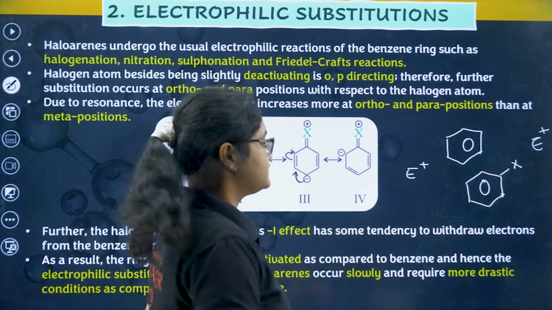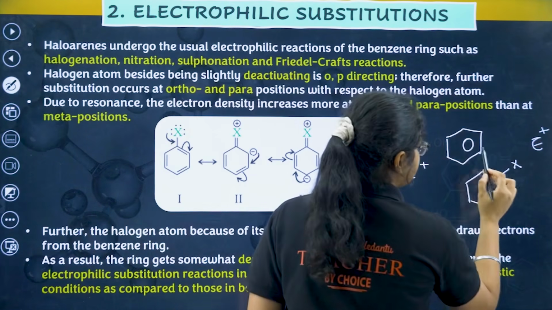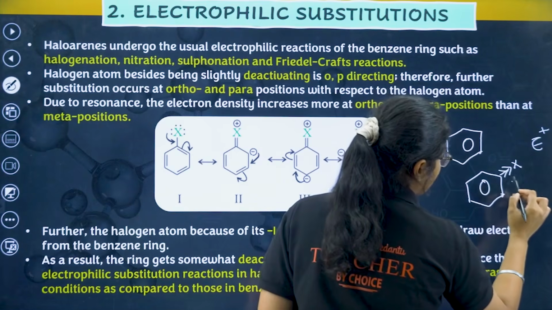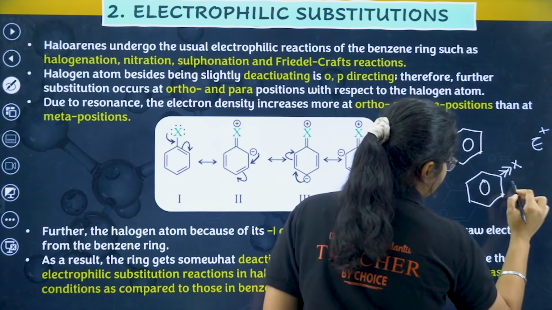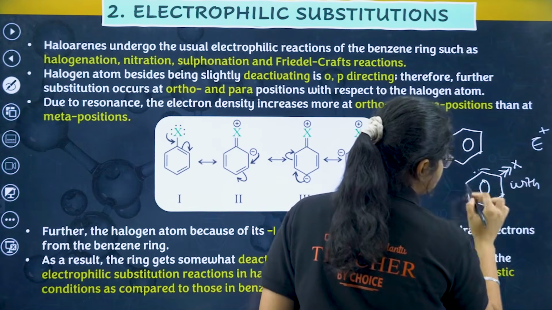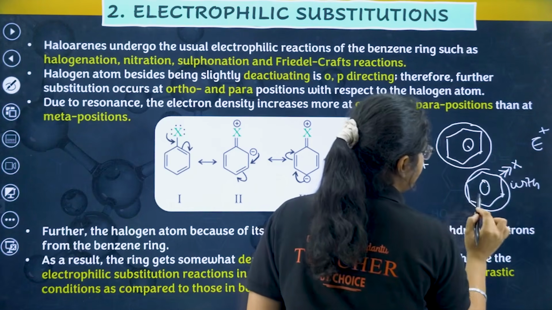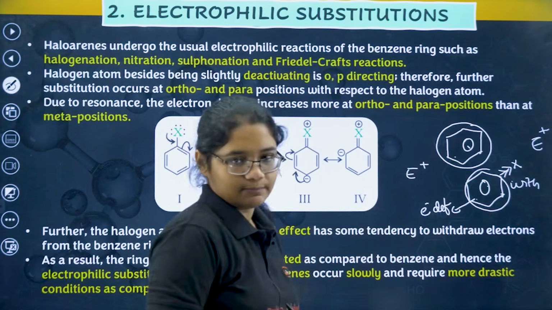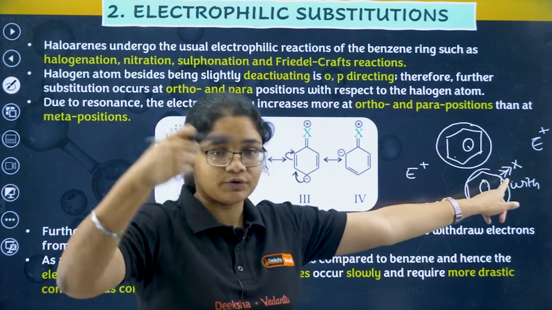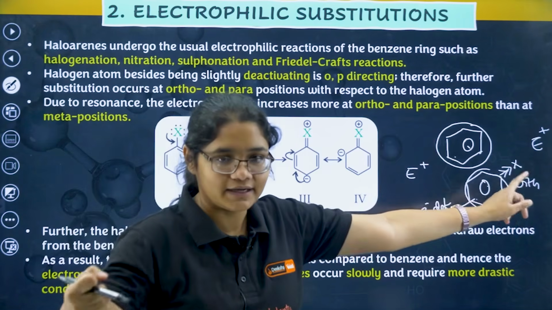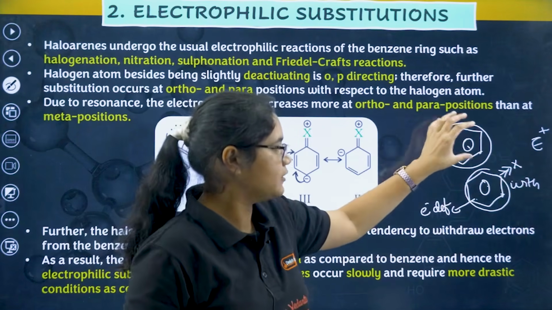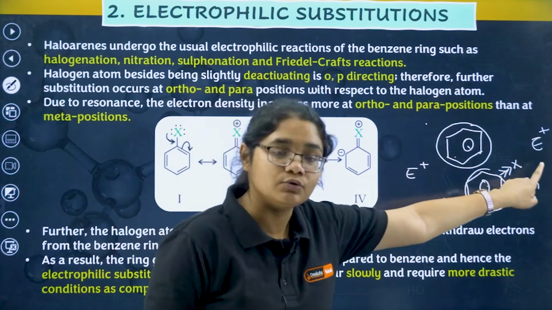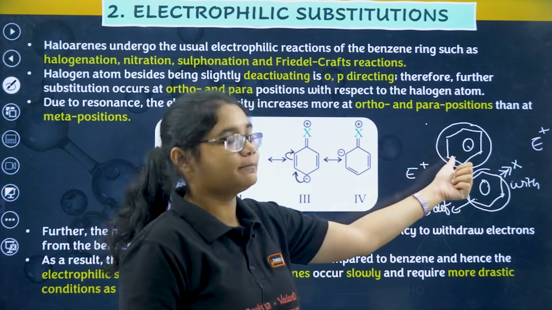This ring is much more electron deficient as compared to benzene. Why? Because it has an X group which is pulling the electrons, deactivating the ring. So haloarenes will react more slowly with electrophiles as compared to benzene.